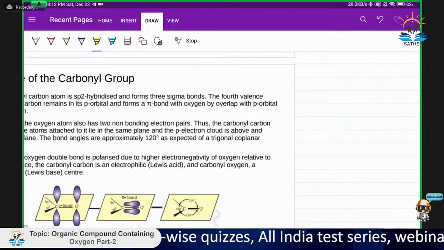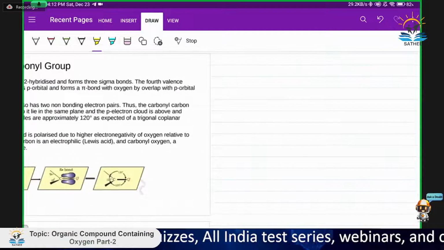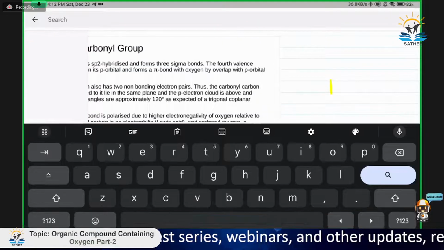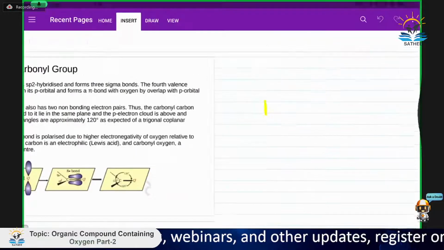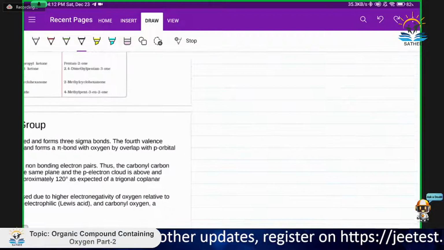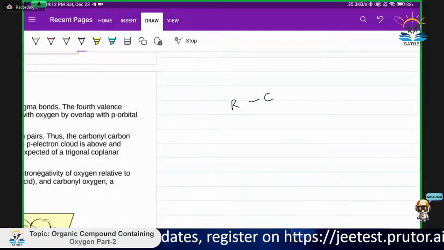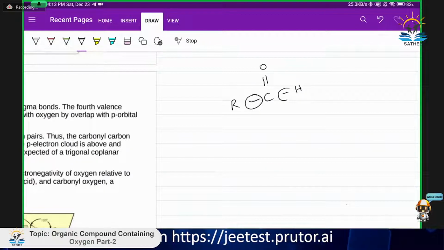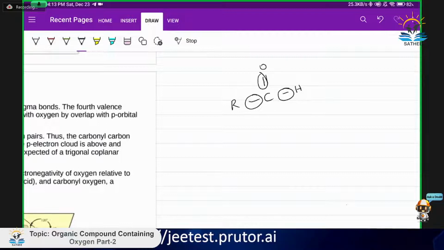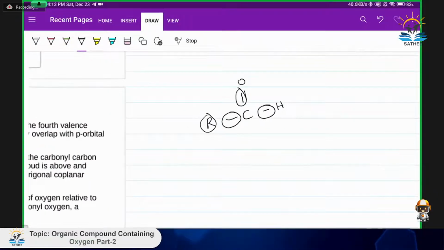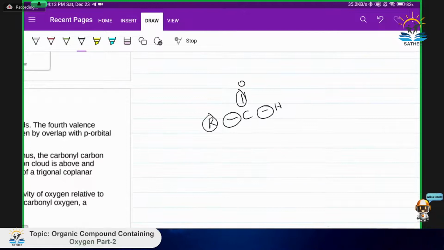So in the carbonyl group, for an aldehyde R-C double bond O-H, it forms sigma bonds with the alkyl group, hydrogen, and oxygen, 3 sigma bonds, and it forms 1 pi bond with the oxygen atom here.